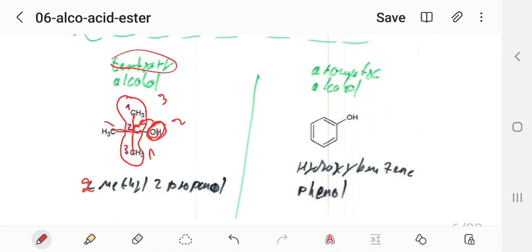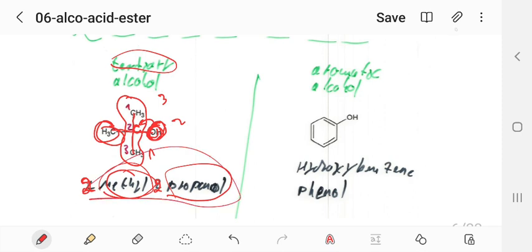Of course, we have a branch here, which is a methyl group, because it only has 1 carbon. So it's 2-methyl-2-propanol, because the hydroxy group is located at the second carbon, and 2-methyl because the methyl group is also located at the second carbon. So it will be named like that.